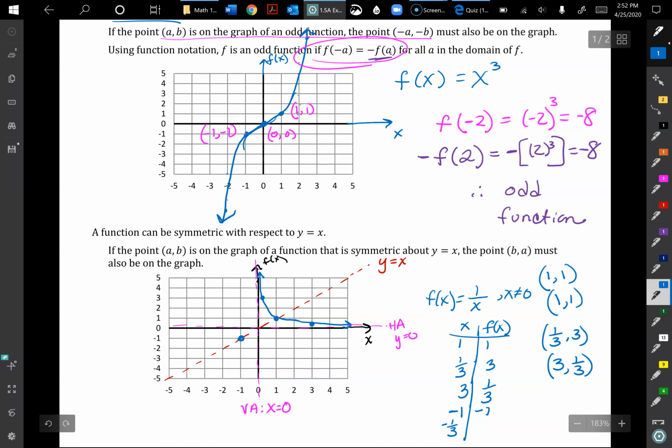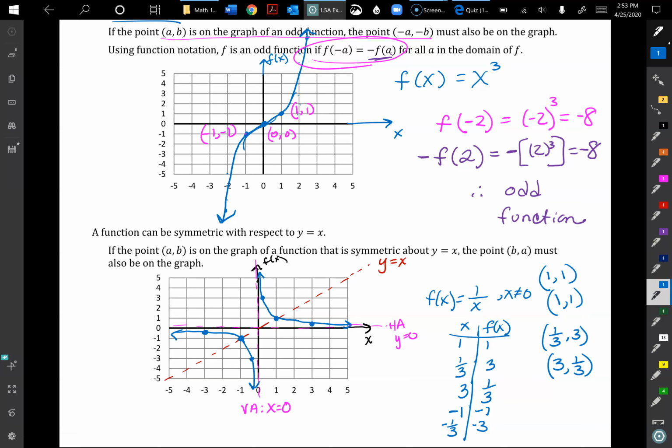And then we would plug that in and we would get -3. And so you can kind of guess here, let's see, my x is -1/3, what the other one's going to be, right? It's going to be over here at 3, or -3, -1/3. So this one's even more special. It reflects over the origin also.